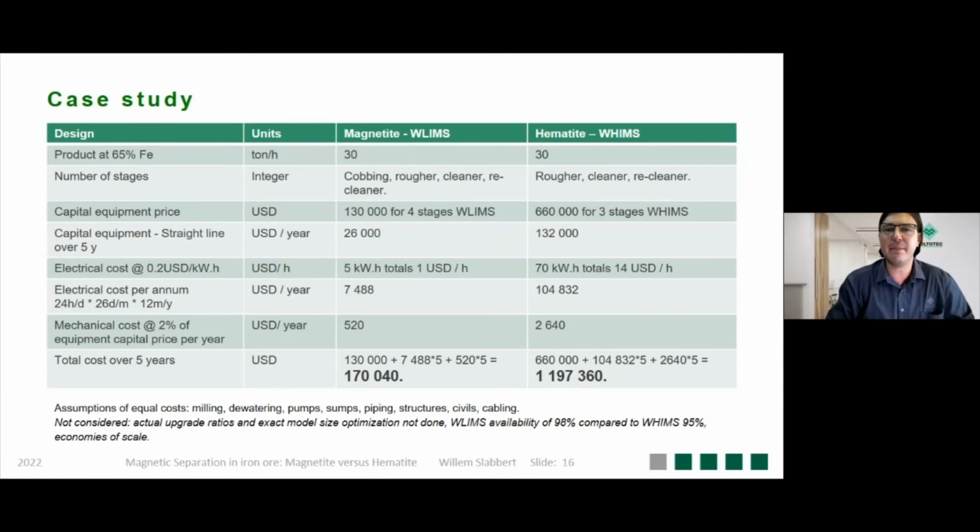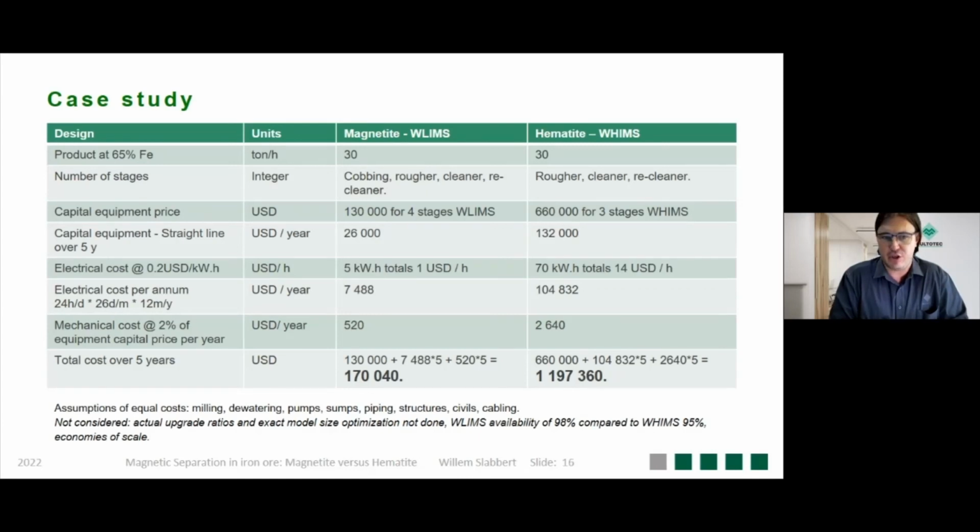The estimated capital equipment price for 4 wet drum magnetic separators is around $130,000 US. The estimated price to produce 30 tons per hour of 65% Fe for 3 stages of WIMS is $660,000.